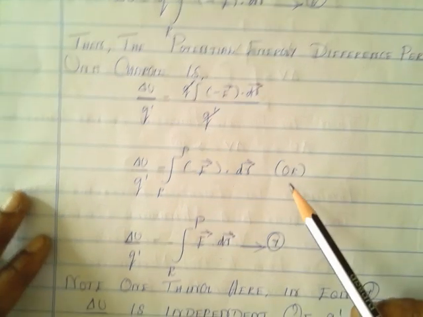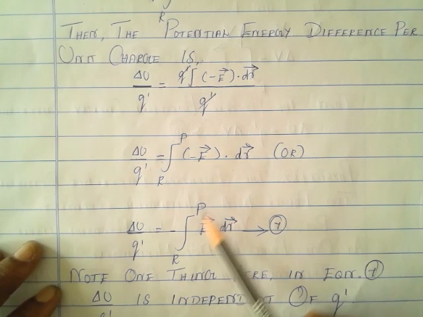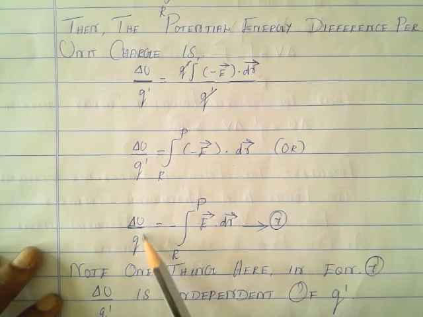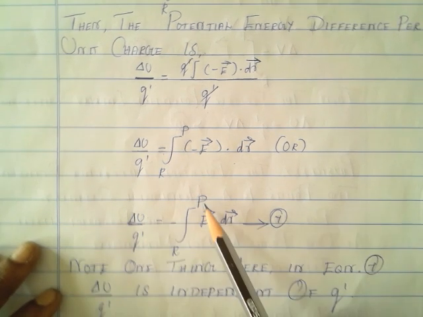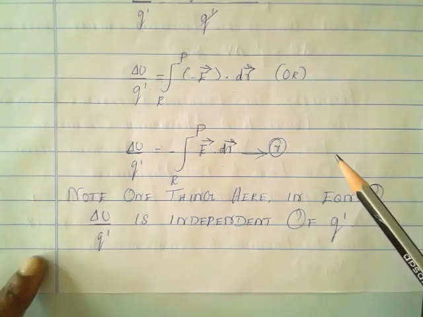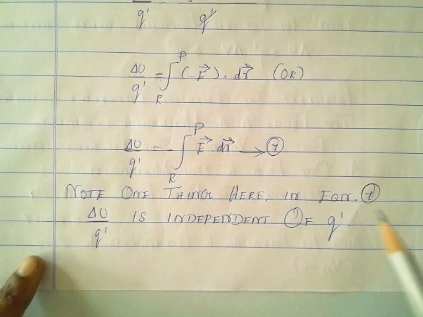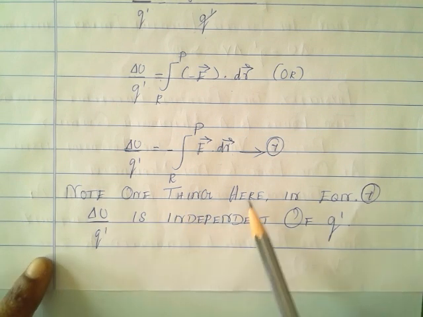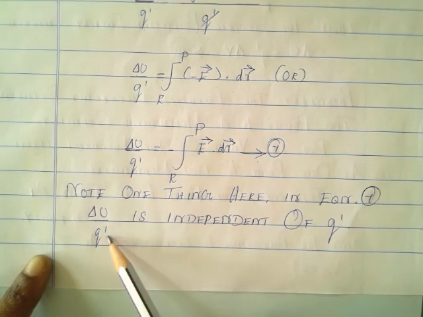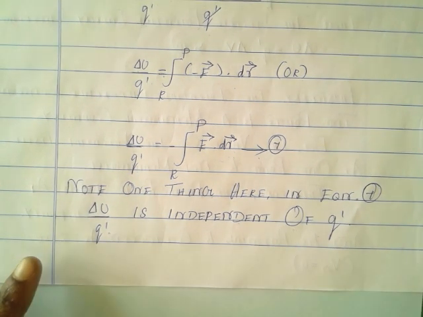In other words, we can write the common negative outside. Then del U by q dash is equal to minus integral R to P E vector dot dr vector. This is equation number 7. Note one thing here. In this equation 7, del U divided by q dash is independent of q dash.